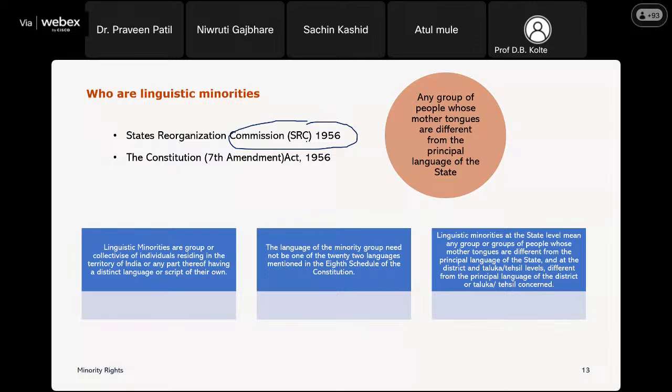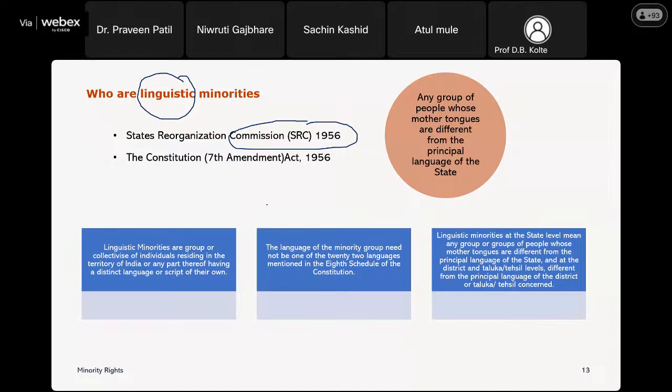Now, once the lines are drawn, you cannot that easily readjust. But the question of their language, the question of their linguistic identities comes to the fore. And in fact, I tell you, they are the people who suffer the most.